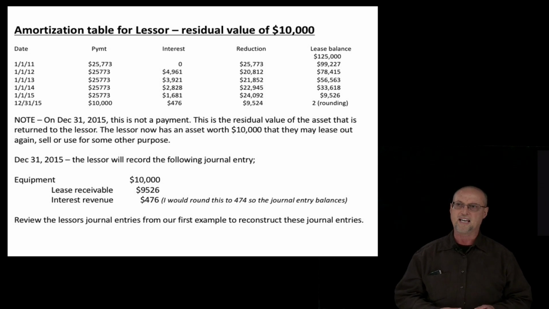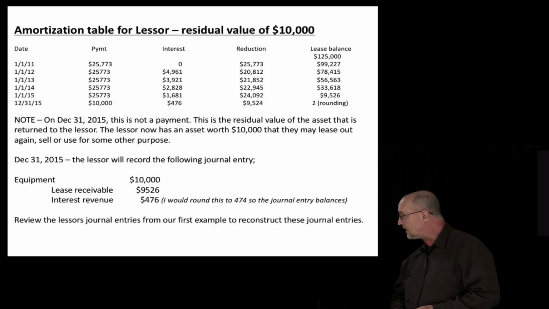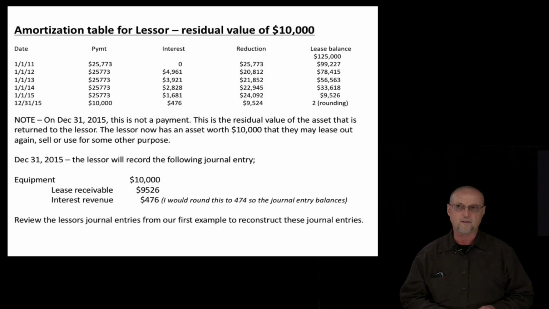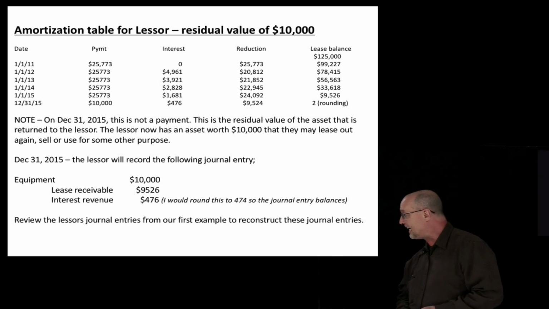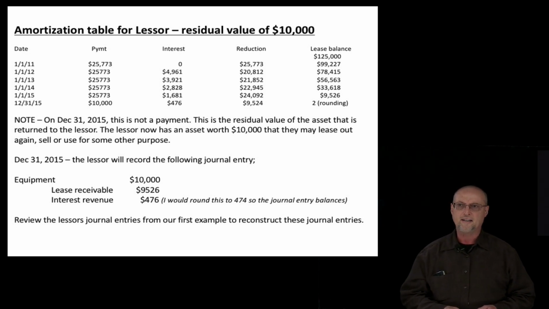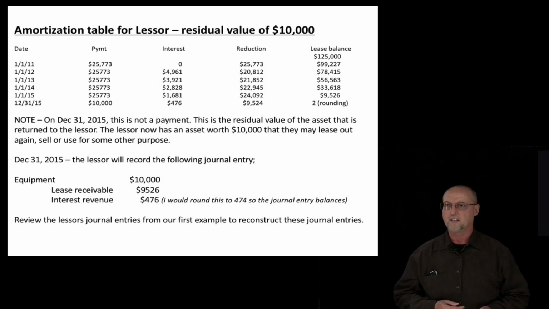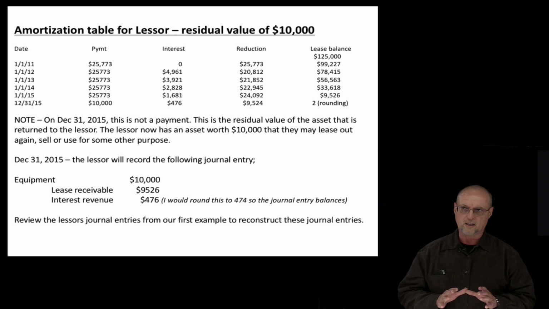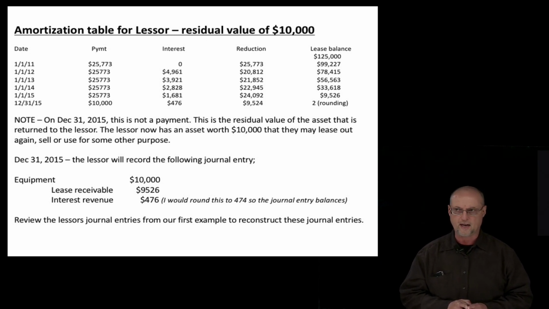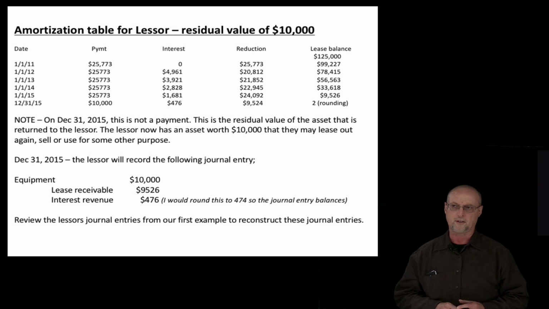The receivable would then go down by $20,812, leaving a year-end balance of $78,415, and so forth. And again, the mechanics of this process are identical. So I want you to finish constructing the amortization table. I want you to prepare the journal entries. You have the first example that I gave you as your guideline. Again, the journal entries are going to be identical. The numbers will be a little different.